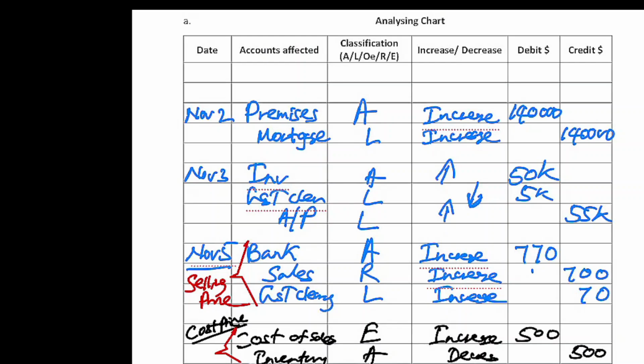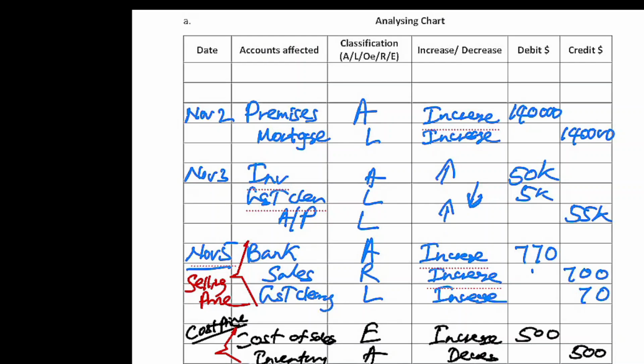Because remember we said that owner's equity decreases because of the drawings. Owner's claims on the assets will decrease. The more money that man withdraws, owner's equity decreases. So that means it is debit. Remember, drawings always debit. How much? 1,000.